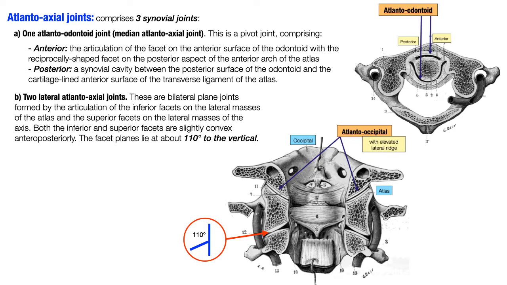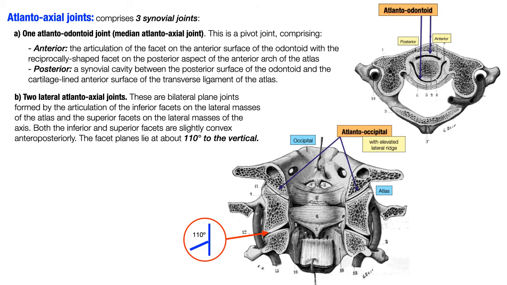Finally, underneath, at a lower level, we have two lateral atlantoaxial joints. These are zygapophyseal type joints. And as you see in the red circle, the angle of these joints with the vertical is about 110 degrees.